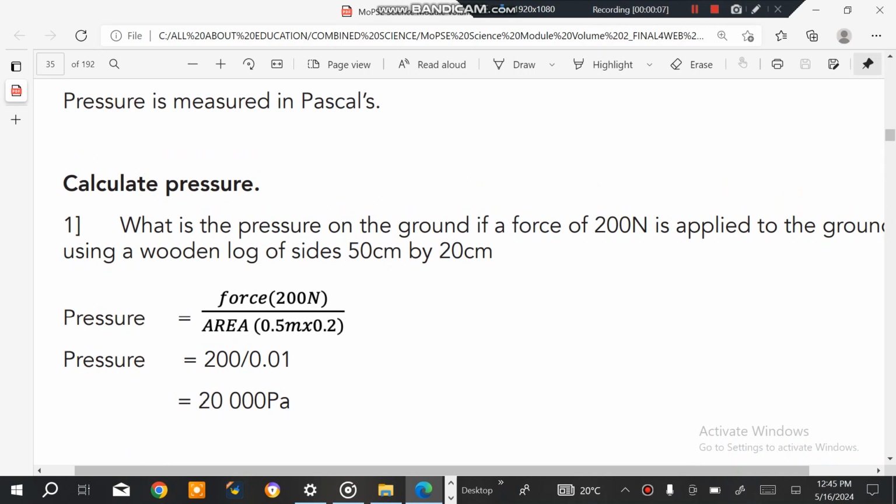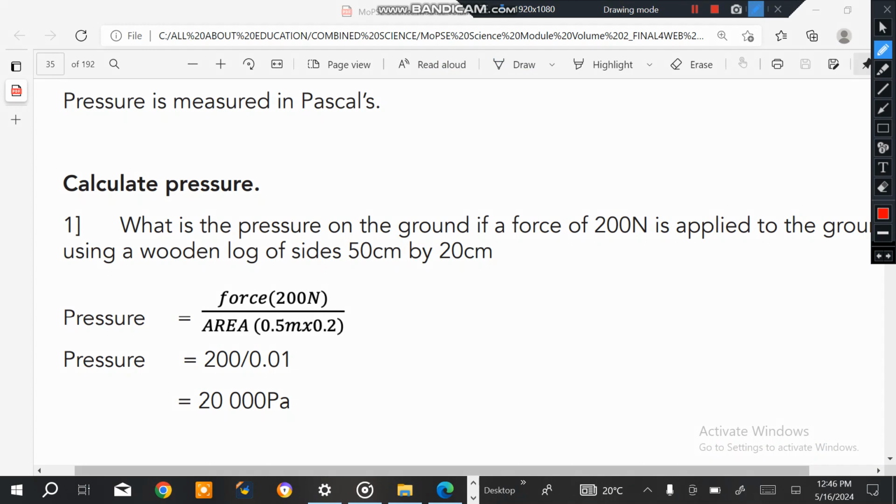All right, the first question that we are having says: what is the pressure on the ground if a force of 200 Newton is applied to the ground using a wooden log of sides 50 centimeters by 20 centimeters?